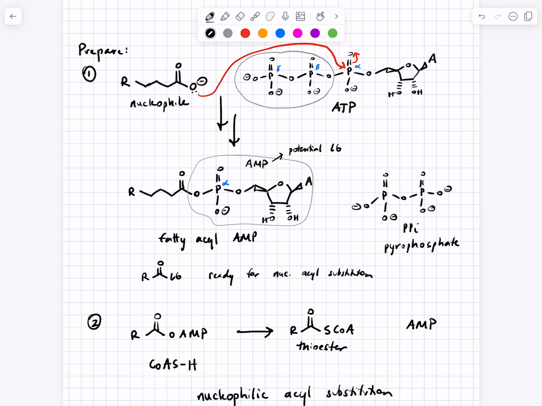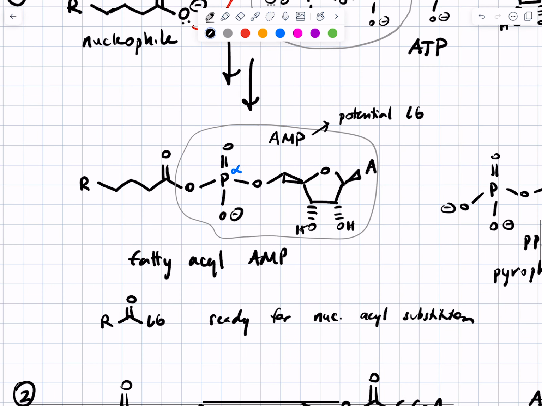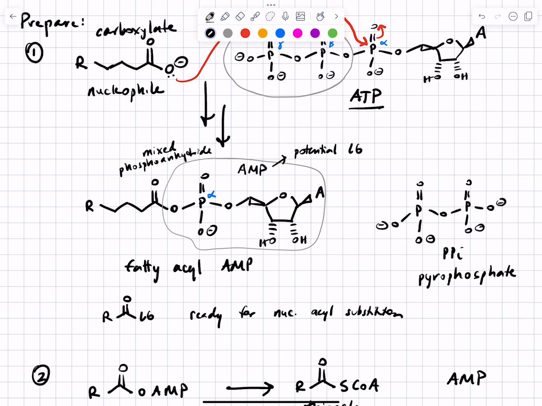Notice that in order to convert the carboxylate nucleophile to this kind of fatty acyl AMP, which is called a mixed phosphoanhydride, notice we had to consume an energy-rich molecule of ATP.